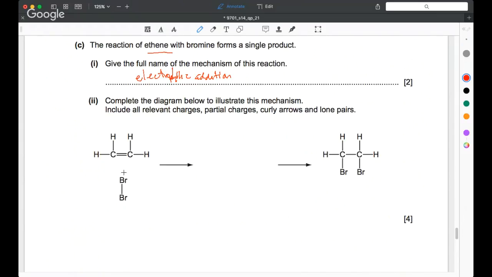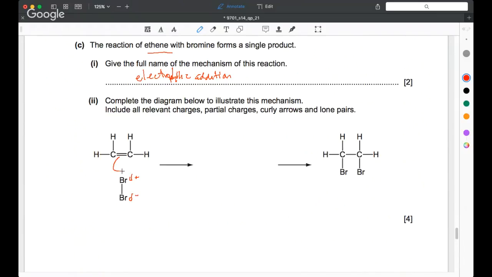And as the bromine molecule approaches this area of high electron density here, the bromine molecule is polarized, and its electron cloud is pushed away, it's repelled, so it ends up with a dipole at one end of the molecule, slightly negative, and a dipole at the other end of the molecule, slightly positive. Now, once this dipole has been induced, then you can move a pair of electrons.